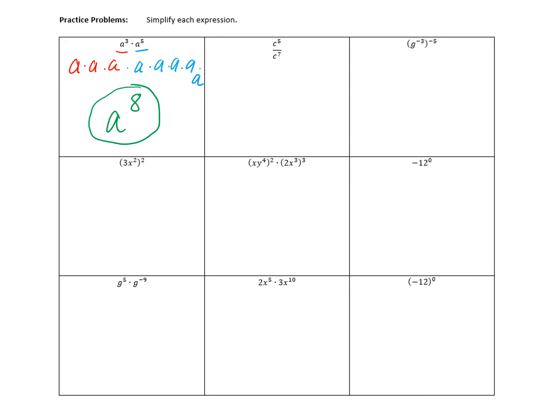For the second example, we have c to the 5th divided by c to the 7th. For the top part, the little red dot up there, I've got 5 c's on the top. And I'll put a little blue dot on the bottom. I have 7 c's on the bottom.